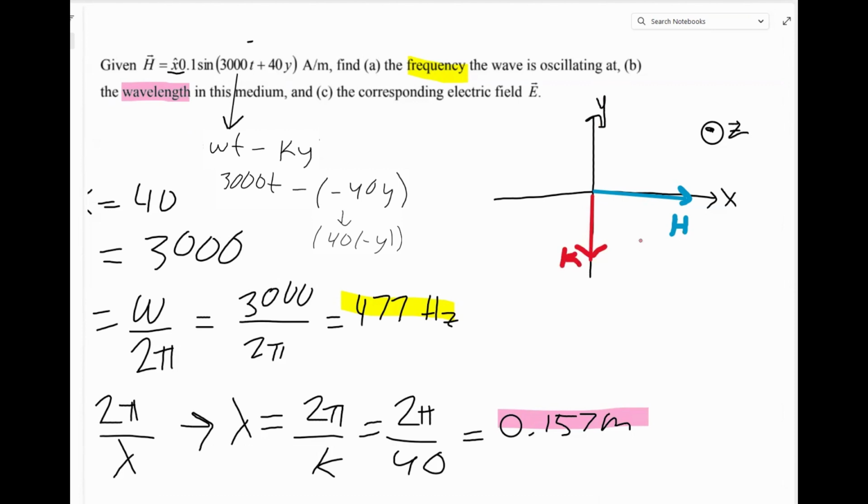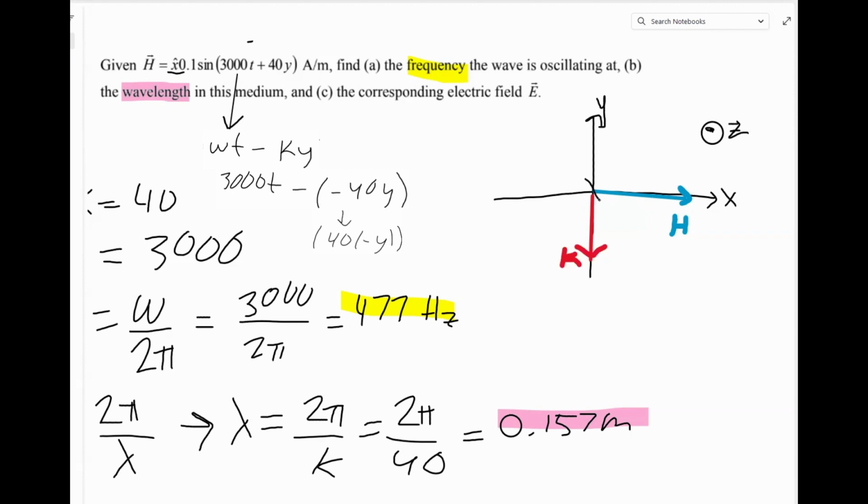So now that we know our H and our K, we can find our E. So again, using our right-hand rule, knowing that E cross H equals K, we figure out that our E field is going into the page.